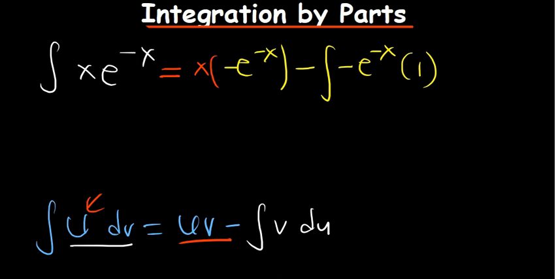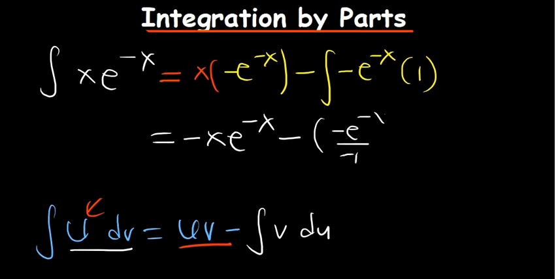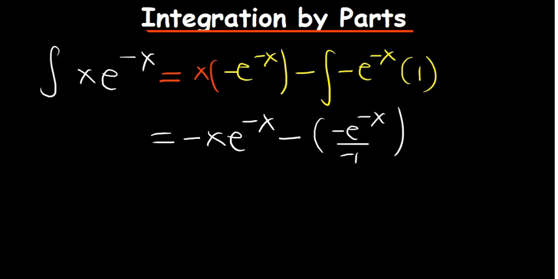So what do we have? We have negative x e to the power negative x minus the integral of that again, and you just divide by the derivative of the power. The derivative of the power is negative 1, so it's going to be negative e to the power negative x divided by negative 1. So you end up with a positive.